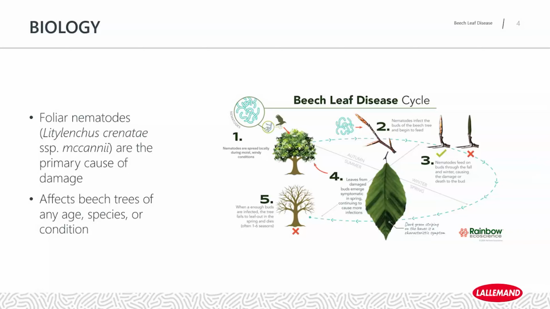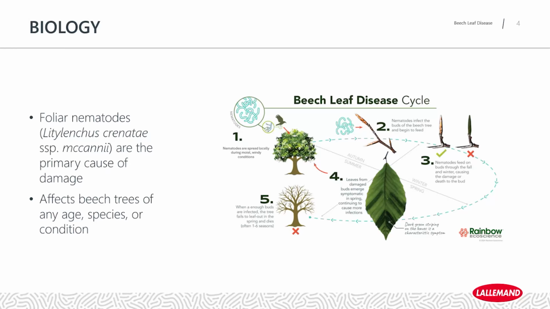So that dark green banding that you see in the image is a direct characteristic symptom of that feeding in the buds, as well as their activity in the spring and summer when those nematodes feed on the inner tissue of the leaves. This cycle then repeats from number 4 to number 1, or from number 4 to number 5.